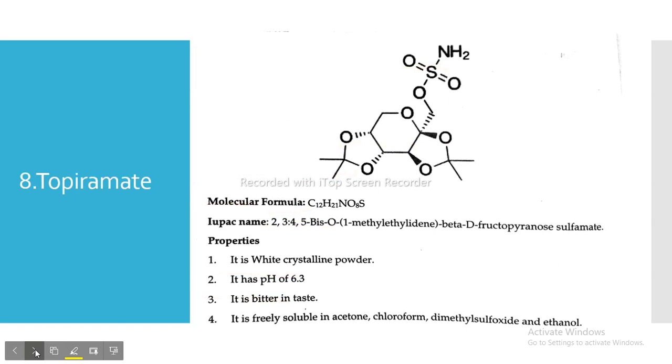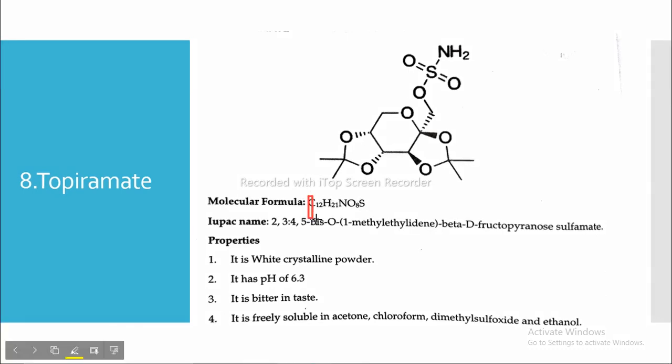We have the last drug as well, that is Topiramate. So this is the structure of Topiramate. This is the molecular formula, that is C12H21NO8S, where S is sulfur.